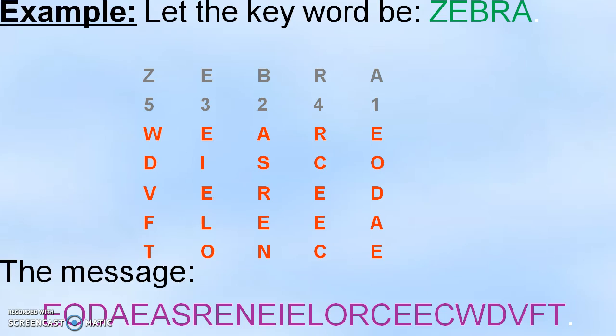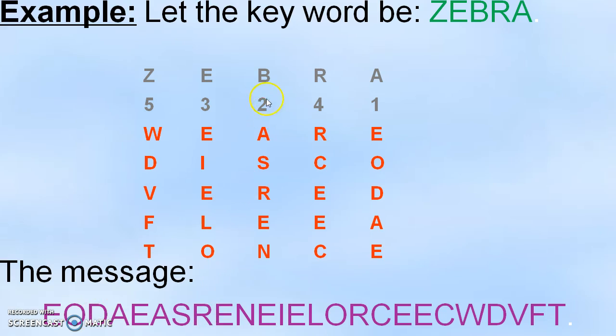In this case, the last column of this matrix forms the first one in the ciphertext. According to the alphabetical order of the keyword, the last column comes first. So the last column has to be written first in the ciphertext.